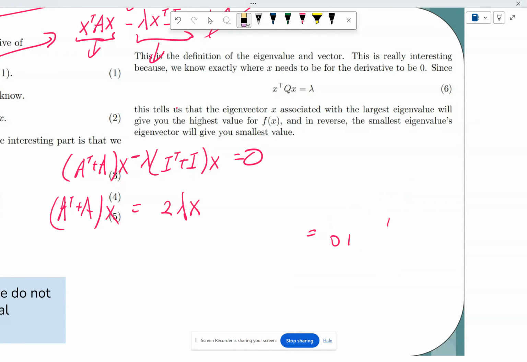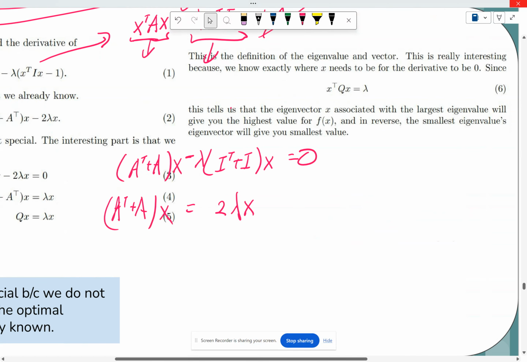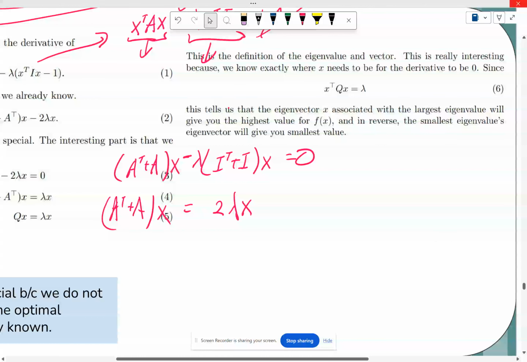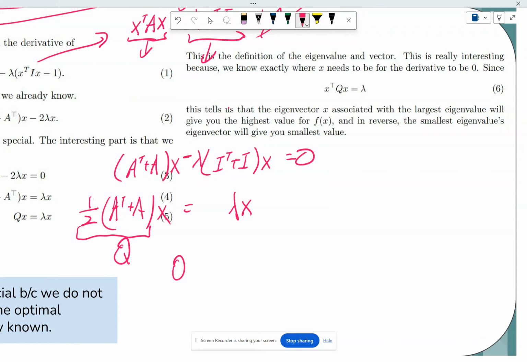Okay, next, well, what does this mean? Next, oh yes, I can just put this 2, I'm going to move the 2 over here, 1/2. And I'm going to call this whole thing Q. So Qx is equal to lambda x.